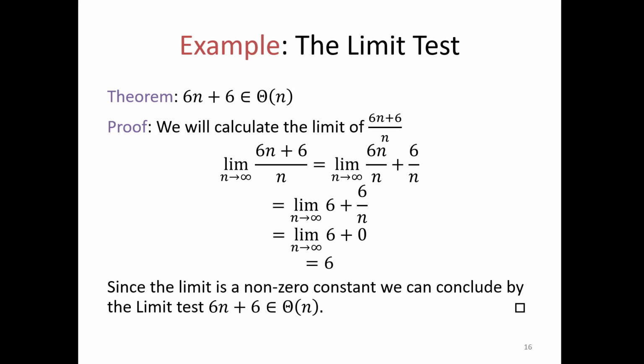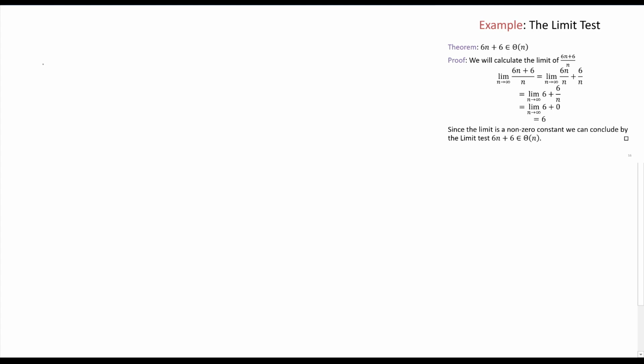The example I want to look at is this one. The function we're interested in here is 6n plus 6. That's our f of n. And we want to show that this function is in theta of n. To use the limit test, we want to compute the limit of the ratio between these two functions.